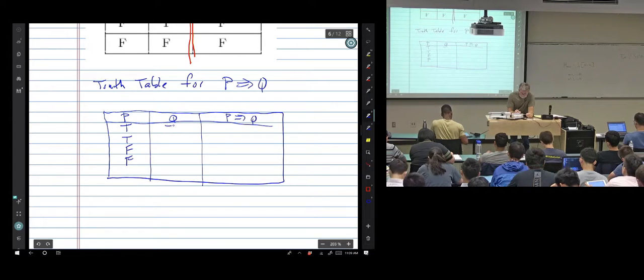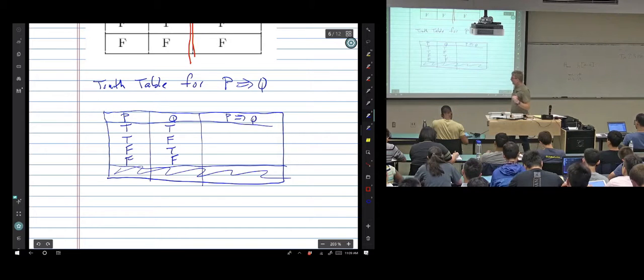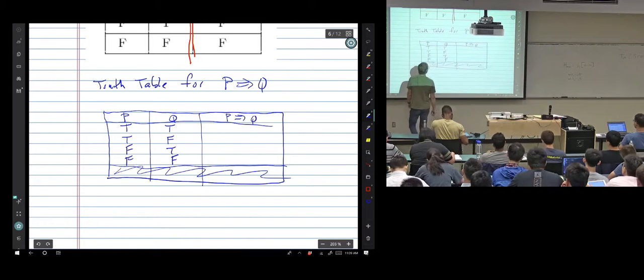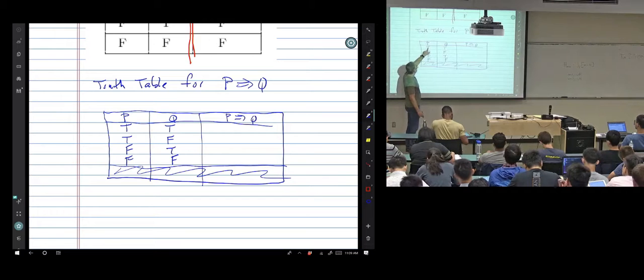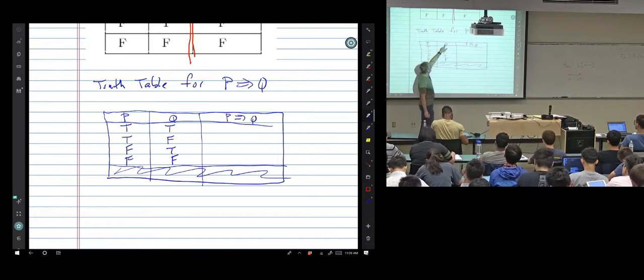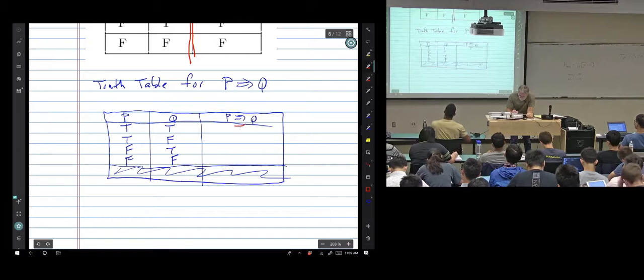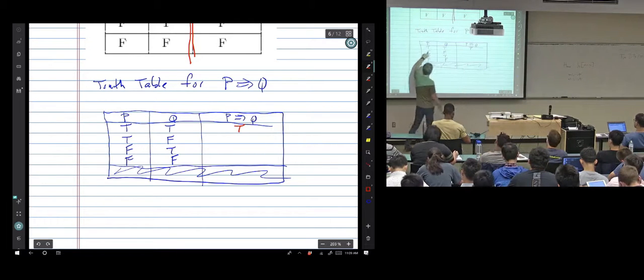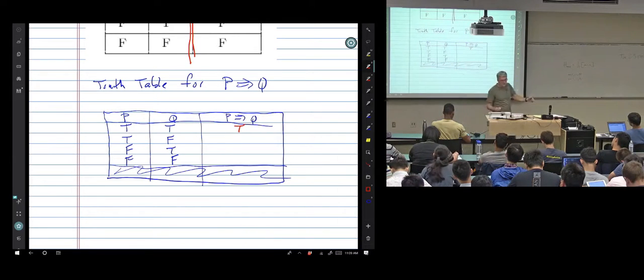Whoops, I have too many things. True, false, true, false. And that's a do not care, okay? So if P is true and Q is true, what is P implies Q? True. Okay. If P is true and Q is false, P implies Q is? That's obvious. Okay.